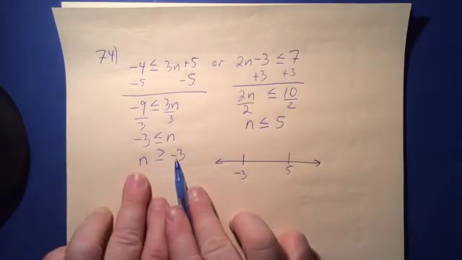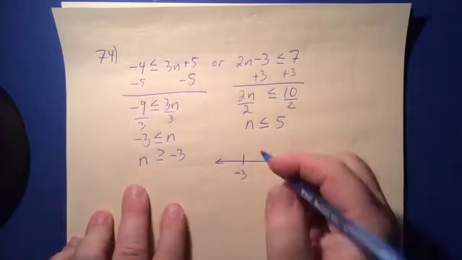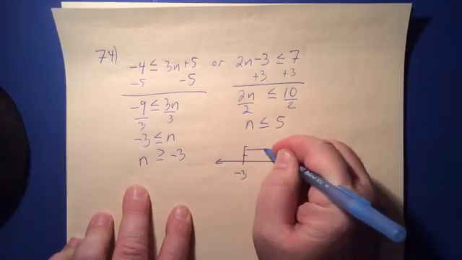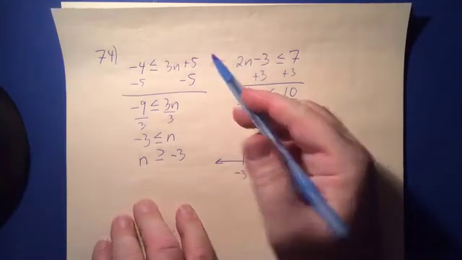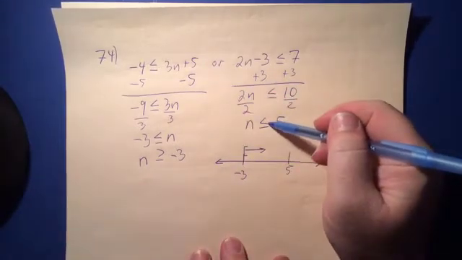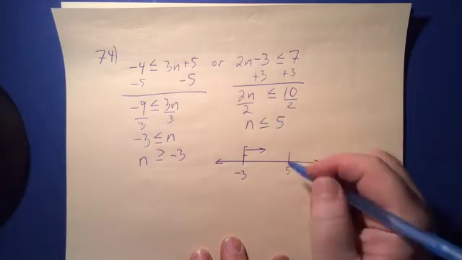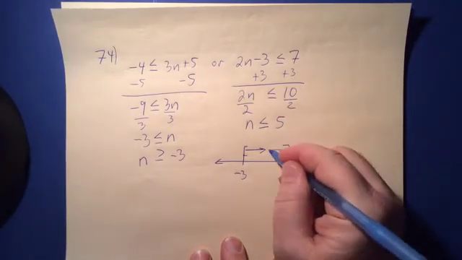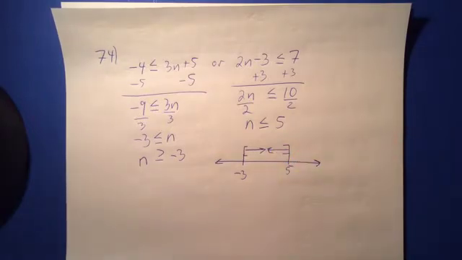So we have n is greater than or equal to negative 3. So we're going to put a bracket here, drawing our arrow this way, or n is less than or equal to 5. I'm going to put our number line here. We're going to draw the arrow going this way.